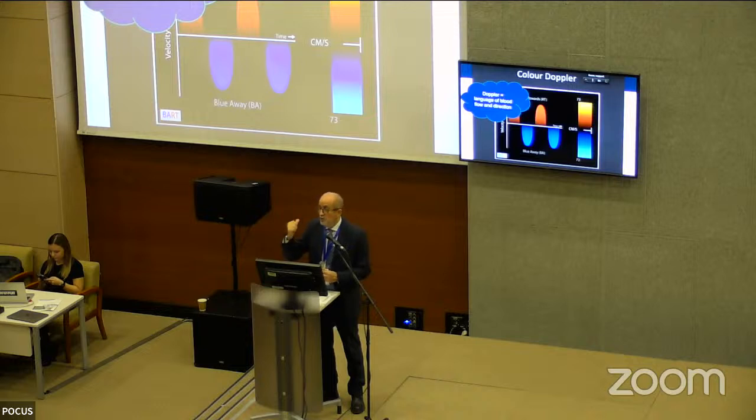If the velocity would be 100, so above the limit, we have a physical phenomenon that is called aliasing. And this means that the color will be displayed in the opposite way. So we should start seeing a blue pixel in the middle of the red and yellow.